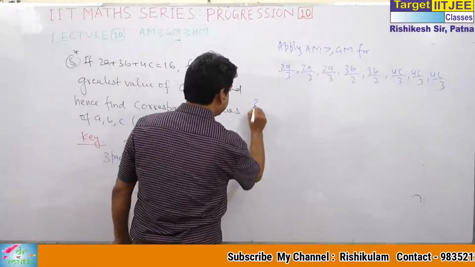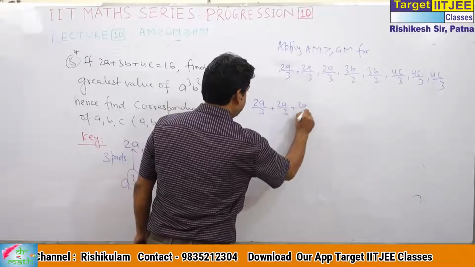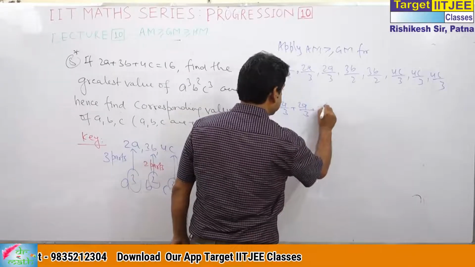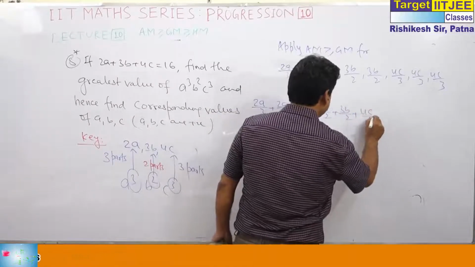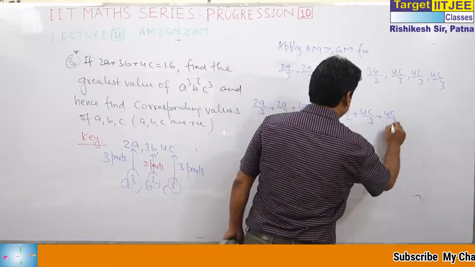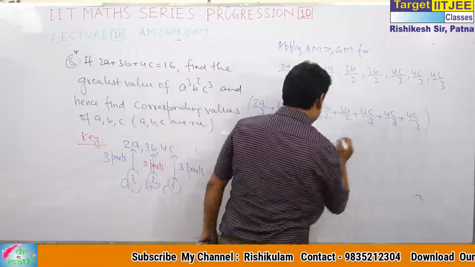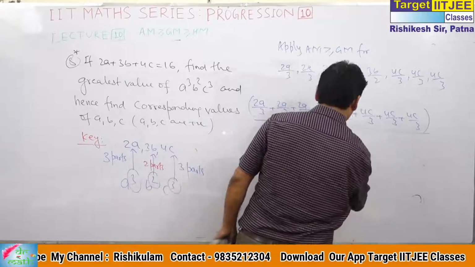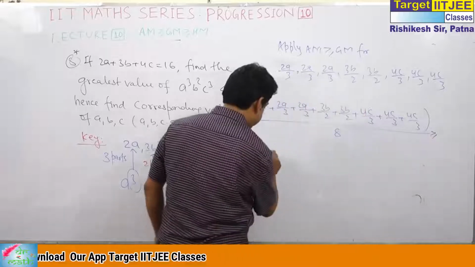Now, what do we get? 2a by 3 plus 2a by 3 plus 2a by 3 plus 3b by 2 plus 3b by 2 plus 4c by 3 plus 4c by 3 plus 4c by 3, divided by 8, greater than or equal to what?